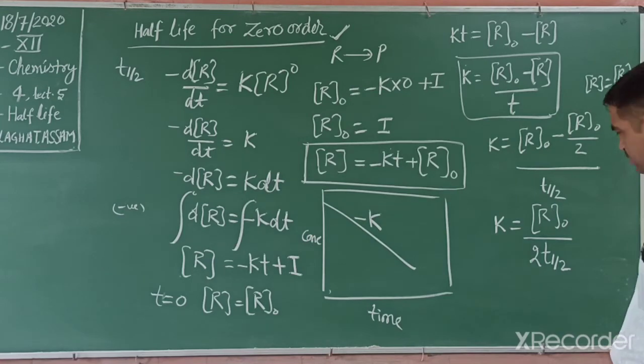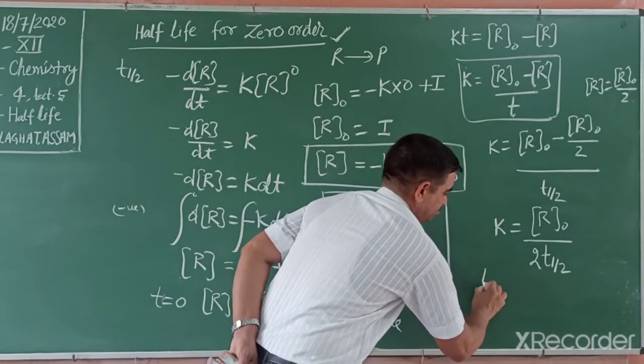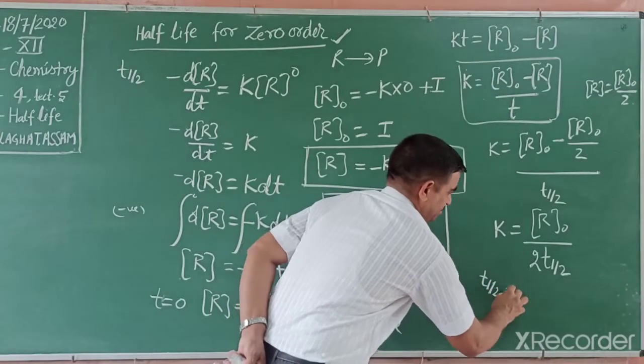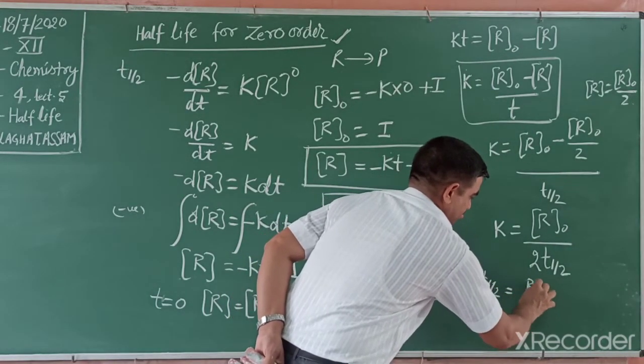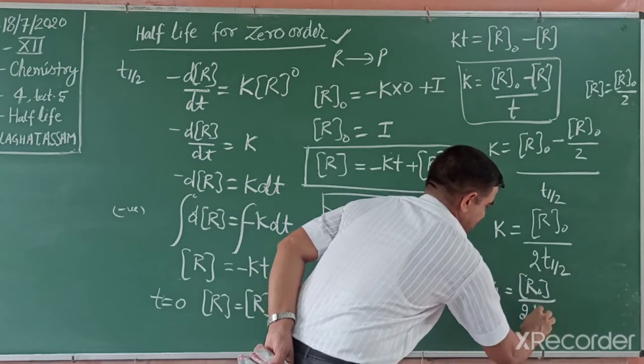Further, if you rearrange, then t half is equal to R naught divided by 2k.